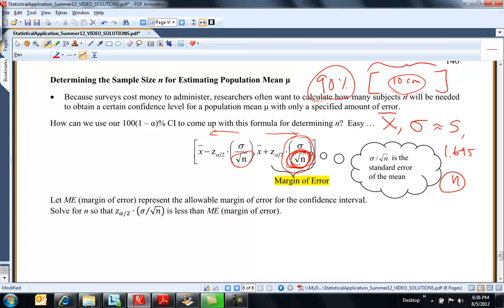A lot of times if you're running an experiment, you'll realize you don't need to take 100 samples. Maybe you need half of that, maybe you need 50 to get a tight enough interval to answer the question you're looking at. So you can see why this is important. It will save you time and money if you don't need to collect as many samples.